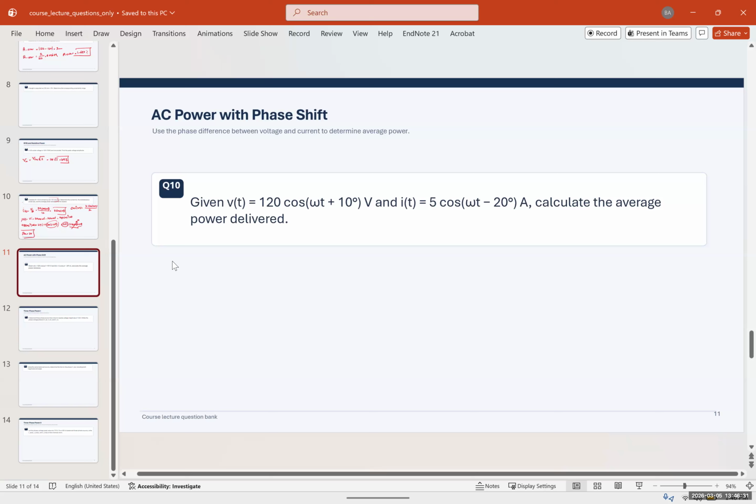When we have a phase shift, you can find P average using the equation that we had. It's going to be half of Vm Im cosine of phi. We already went through this equation in the lectures as well.